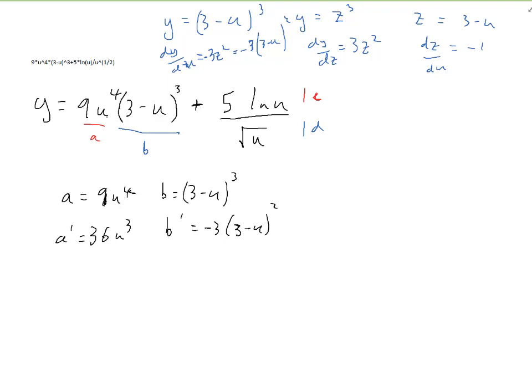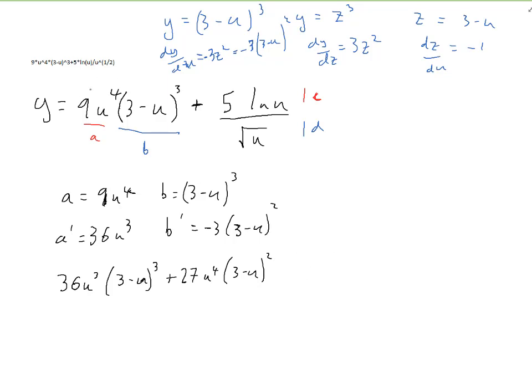So completing this part here, we need this times this, so it's 36u to the power 3 times 3 minus u cubed, plus 9u power 4, well, plus and then a minus, so minus 27u power 4 times 3 minus u squared.